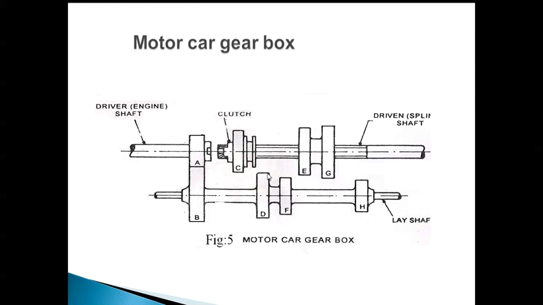Of the speed of the driven shaft, the car is said to be in the third gear, second gear, and first gear respectively. So in this we can get the third gear, second gear, and first gear because we have three gears C, E, and G.